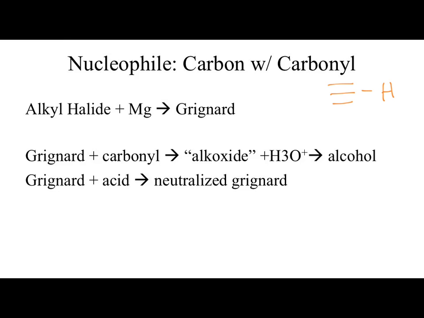Okay, that acetylene group is relatively acidic, so I can react acetylene with a strong base like sodium amide. I can pull off that hydrogen, and I'm left with a lone pair on that triple bond carbon. That can now react as a nucleophile. So that's one source of negative or nucleophilic carbons.